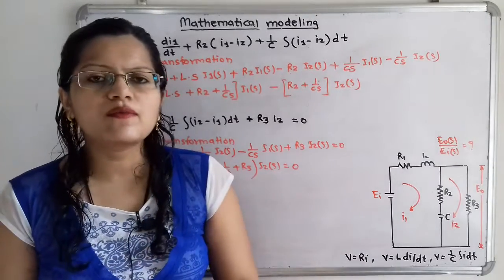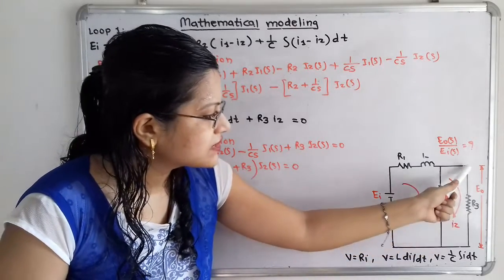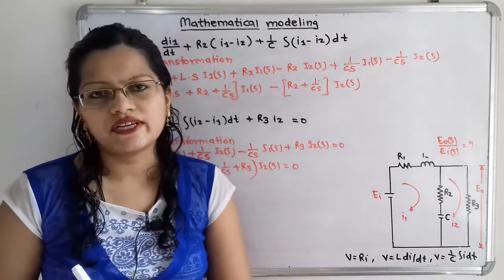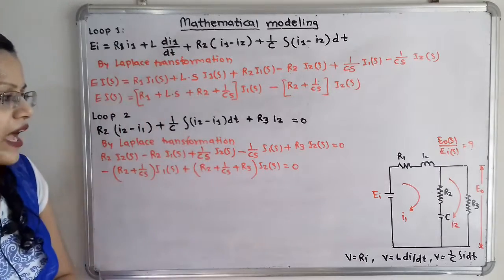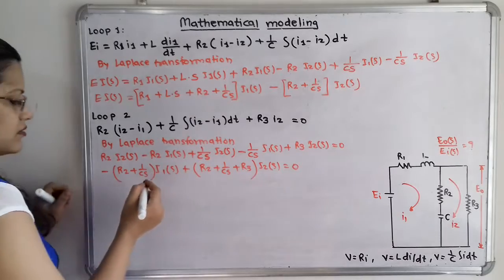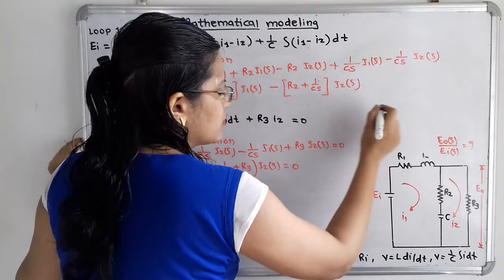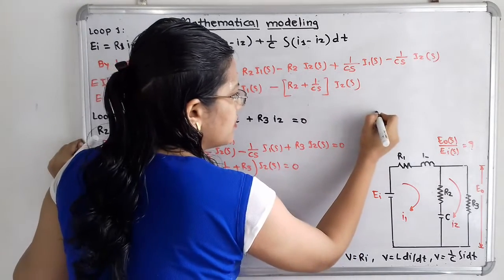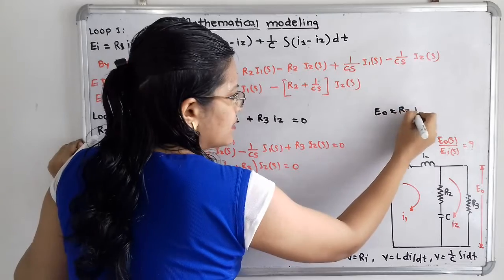Now again we will move to the output. So output EO is along this resistor R3 only. So how can I write this? EO is equal to I2 R3. I will write here, because this is a very small equation, EO is equal to R3 I2.